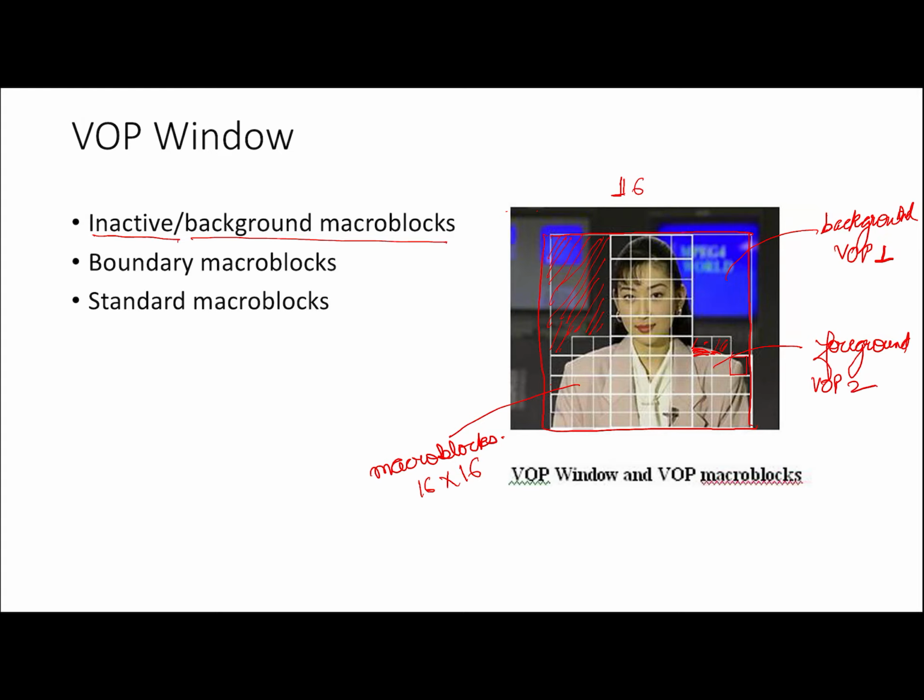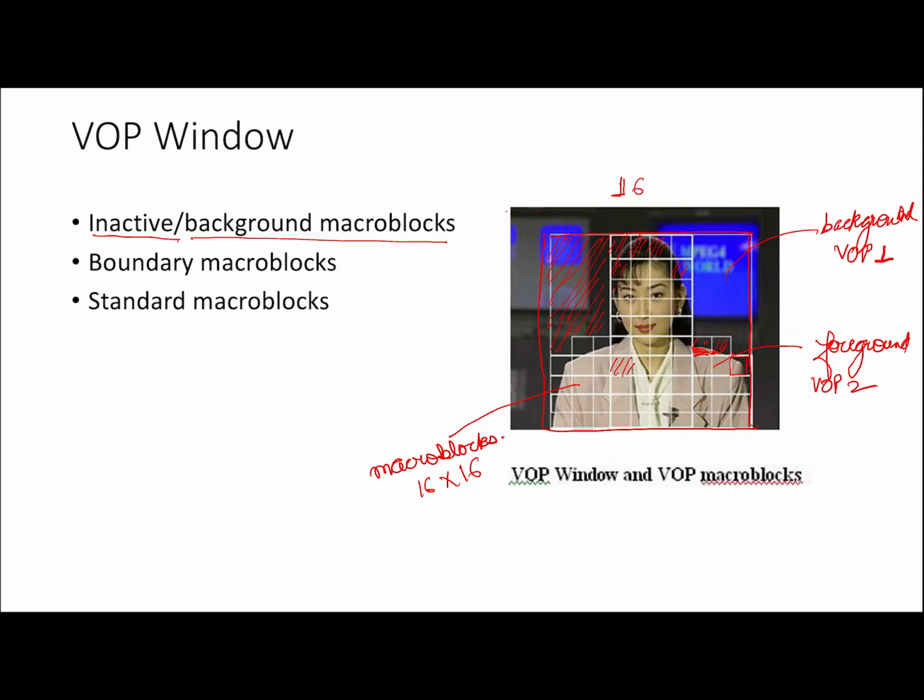Such macro blocks are the boundary macro blocks, and they require some special consideration during encoding, because as you can guess, if I can identify all such macro blocks, the shape of this VOP can be obtained.